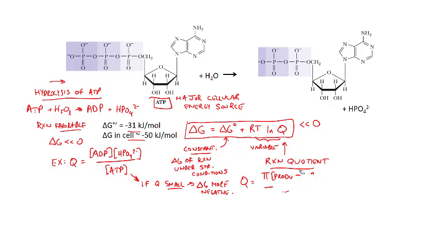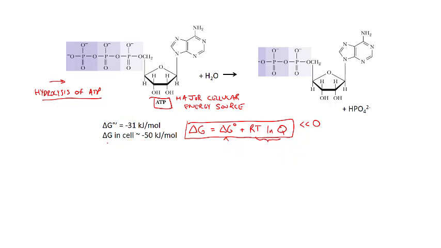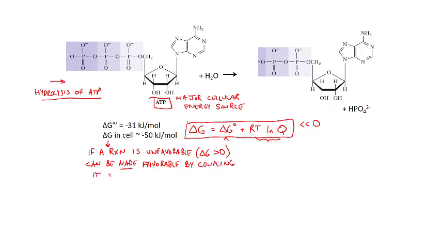Why is that important to us? The reason that's important to us is because if we have any reaction that is unfavorable or non-spontaneous, that is, delta G is positive, it can be made favorable by coupling it to ATP hydrolysis.